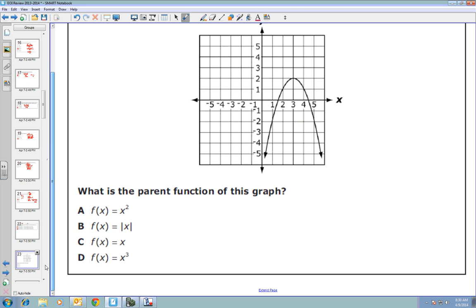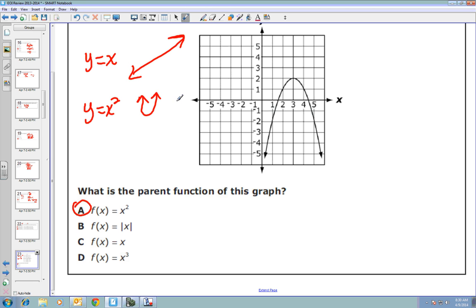All right, let's look at the next one. What is the parent graph of this function? Y equals x squared again. So let's talk about that. If it's y equals x as my parent function, that would be a line. So any line, my parent graph is y equals x. Y equals x squared is any parabola.